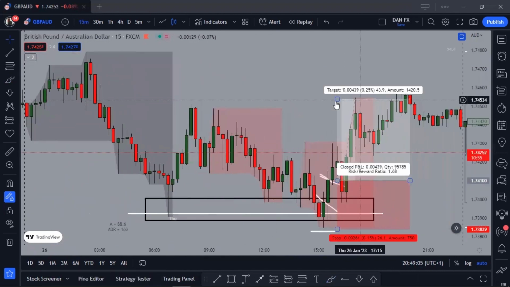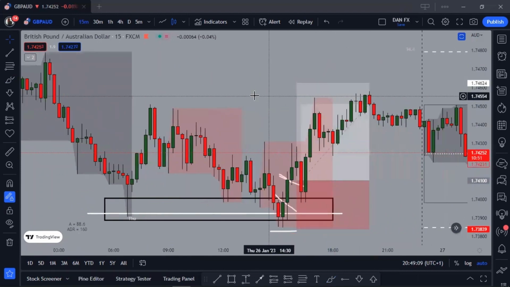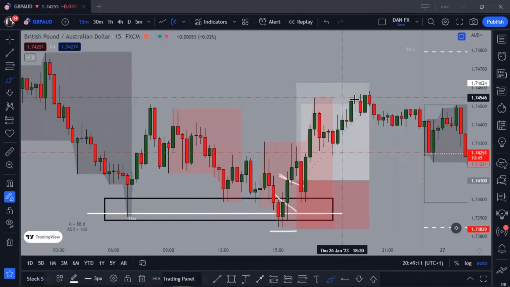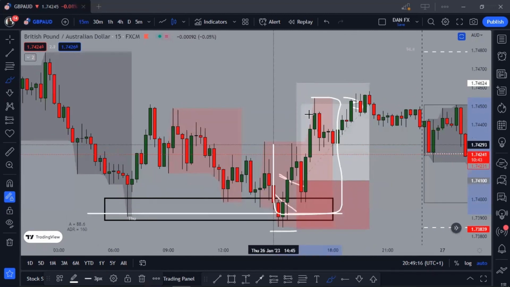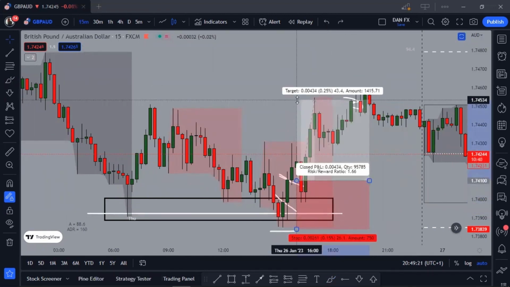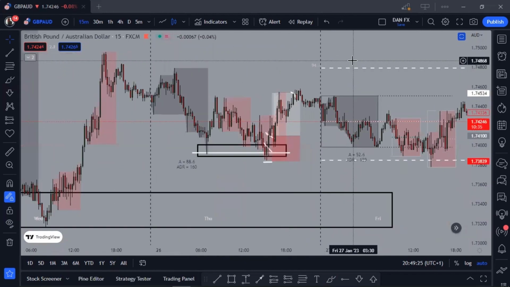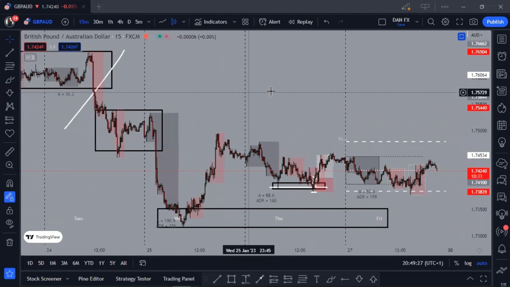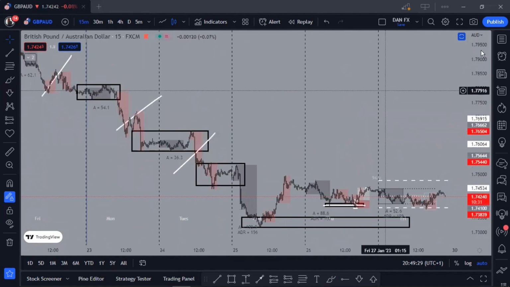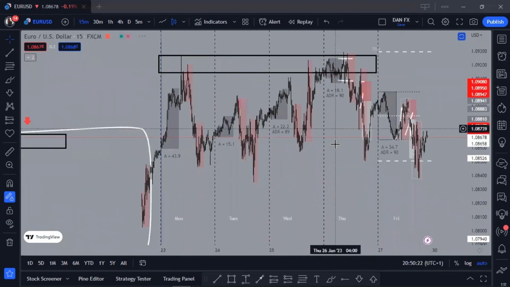My take profit was originally 1 to 2 here, but by the time they were here, it was already very late. So New York session was already over. So I just decided to take my profits here, 1 to 1.6 risk to reward, right? And didn't get any other trades on this pair for the week. Yeah, so that's basically all the trades I had this week.